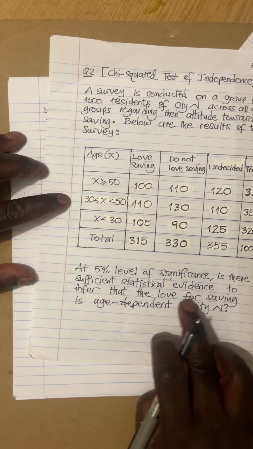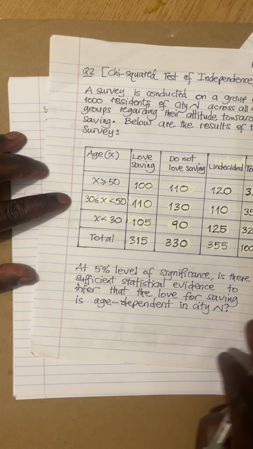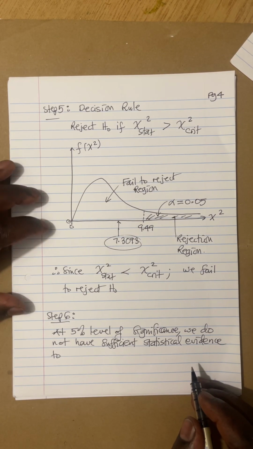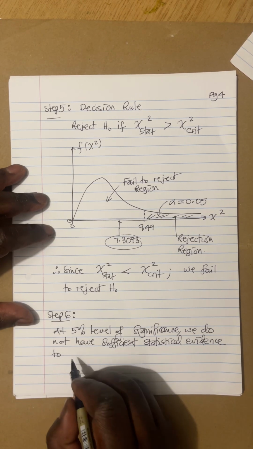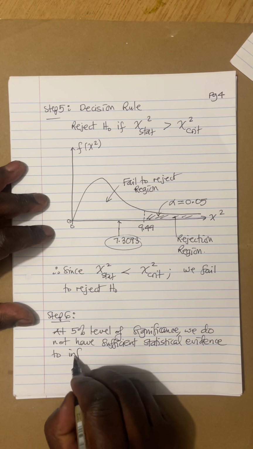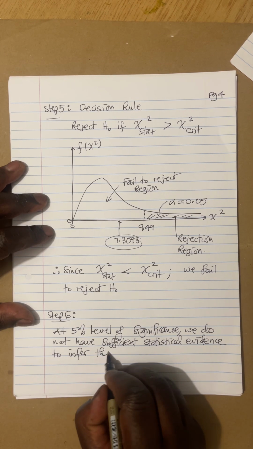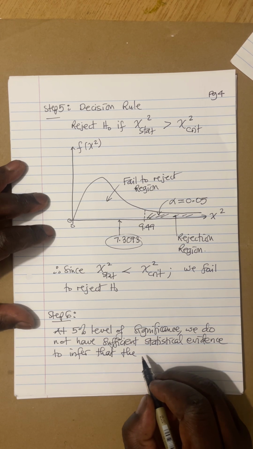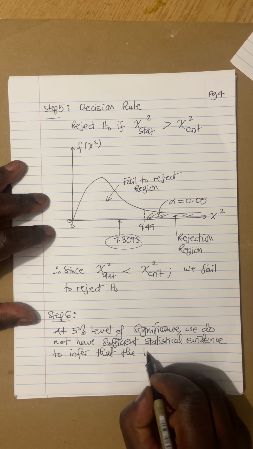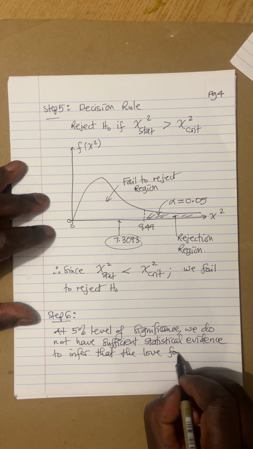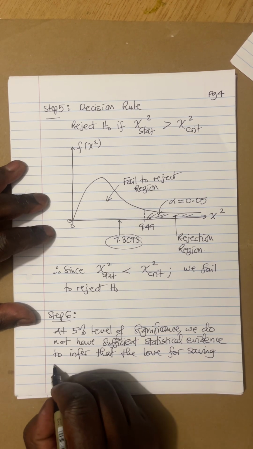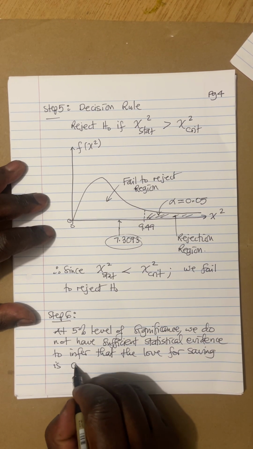Do we have sufficient statistical evidence to infer that the love for saving is age dependent? We do not have sufficient statistical evidence to infer that the love for saving is age dependent.